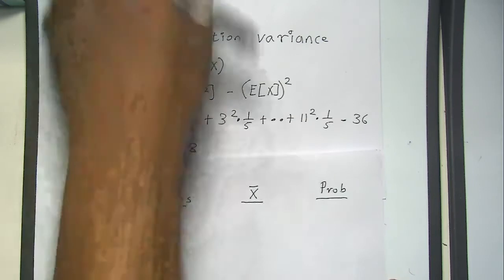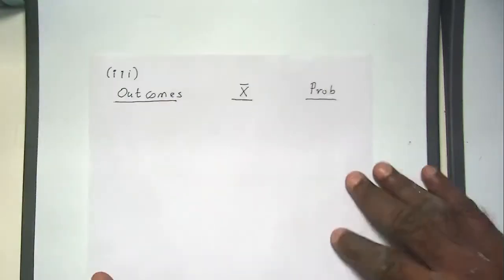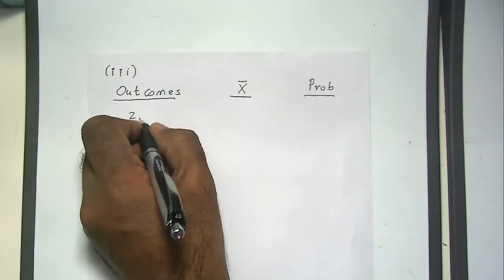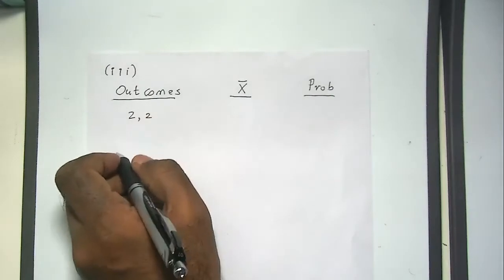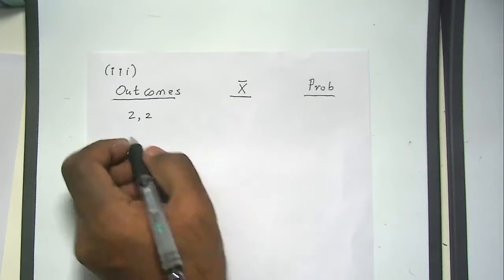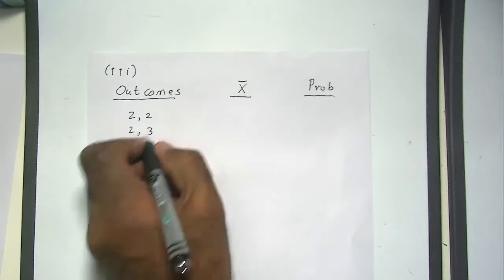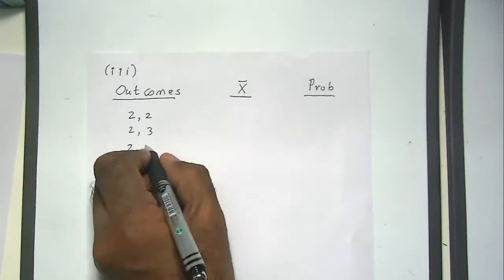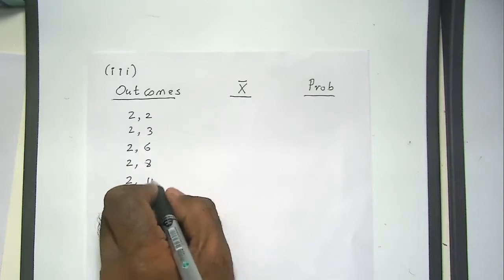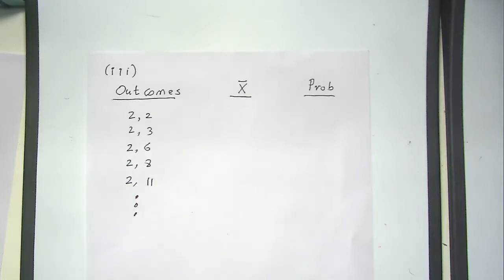So how many possible outcomes can you have? 25, exactly. You can have the outcome 2, 2. That's the first one. Or you can have the outcome 2, 3. You can have the outcome 2, 6, 2, 8, 2, 11, and so on. I'm not going to write all the 25 outcomes here. It will take me forever.